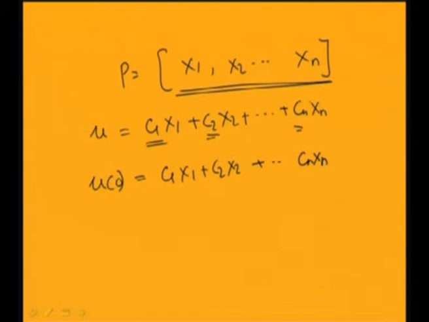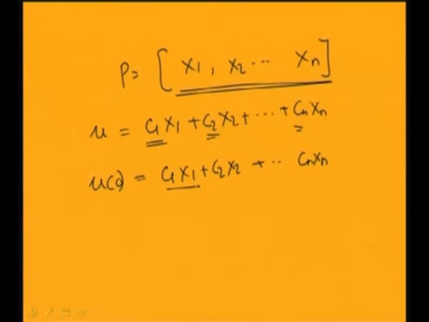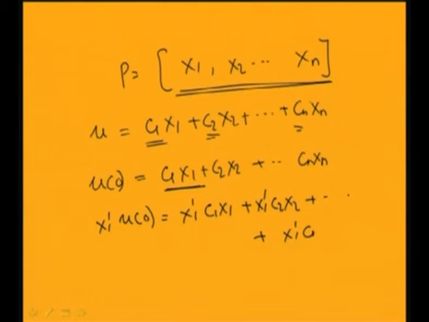To find C1, I can pre-multiply this by x1 transpose: x1 transpose u0 equal to x1 transpose C1 x1 plus x1 transpose C2 x2 plus x1 transpose Cn xn.